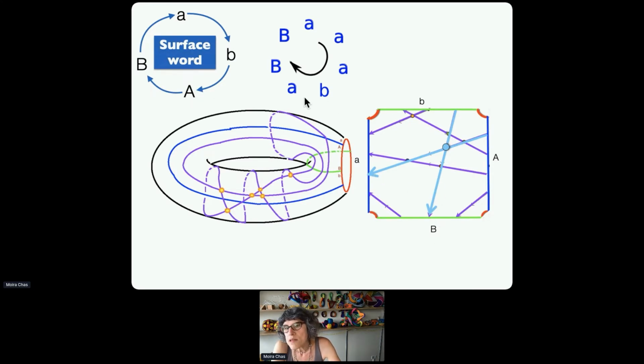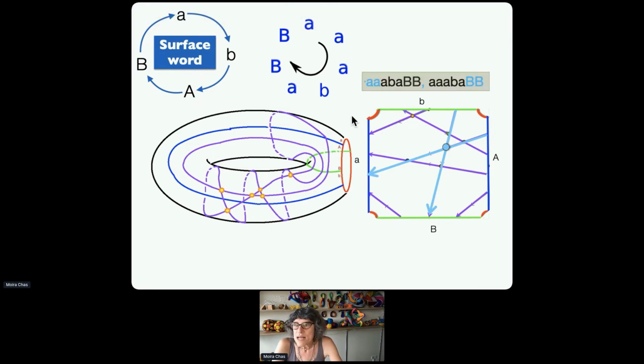When I look at the word corresponding to this curve, I see that this goes from the small b to the big B. And you go from the small b to the big B edge when you have a capital B in your word, because then you enter through the capital B, go out here and enter again, and that gives you this segment. Same here. This is here because I have a small a.